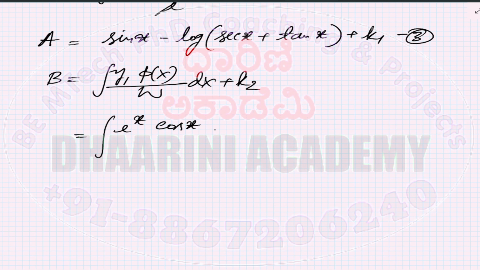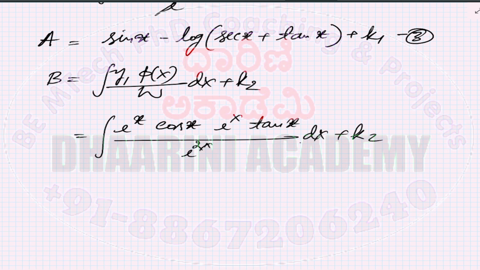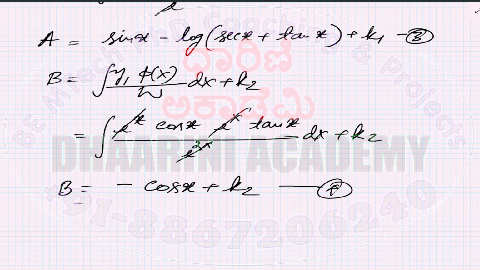We already have the phi of x as e to the x tan x divided by e to the 2x dx plus k2. So this will cancel. Now cos into sin by cos, cos cancels, so we have only integral of tan x, integral of sin x, so that will be minus cos x plus k2. That is B, equation 4.